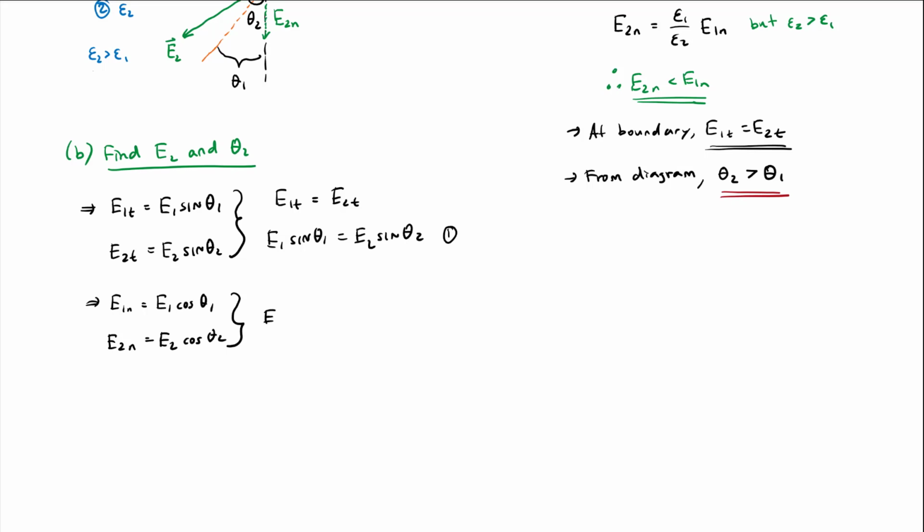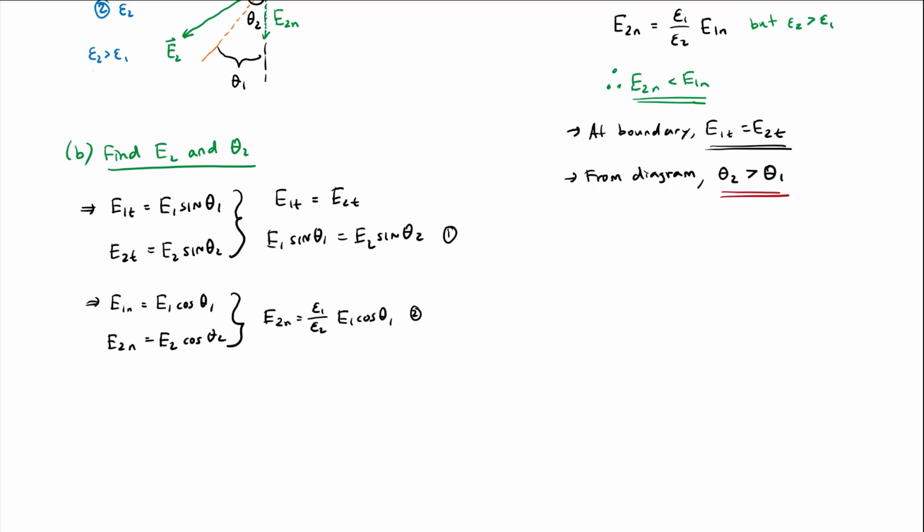So we can just copy that down. E2n is equal to epsilon 1 over epsilon 2 E1n. But we know E1n is equal to E1 cos theta 1. So let's replace that. And this we'll call equation 2.